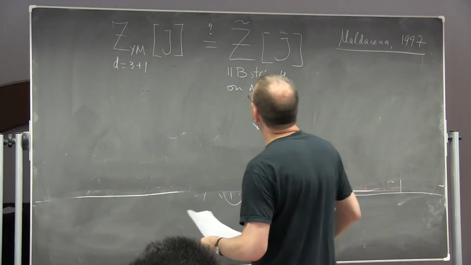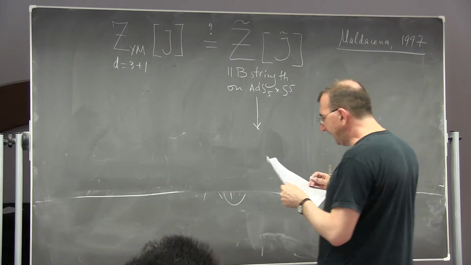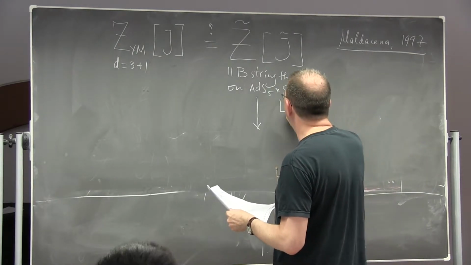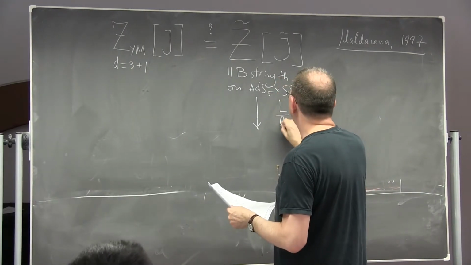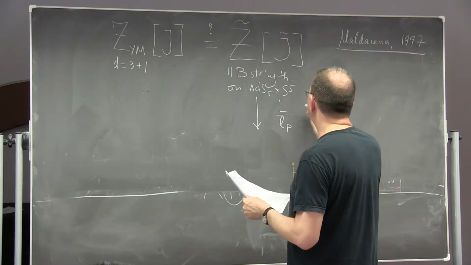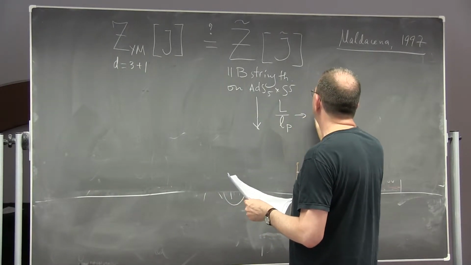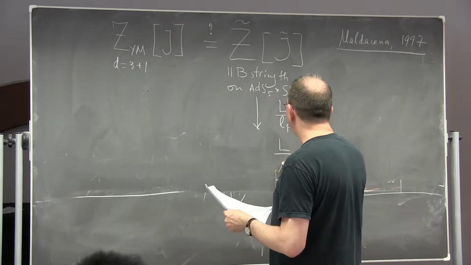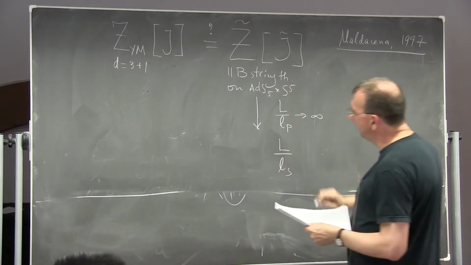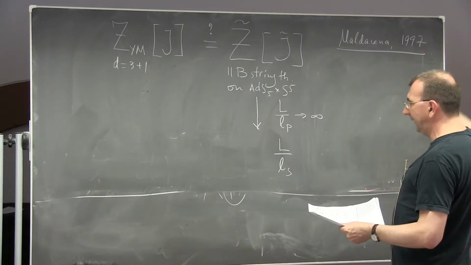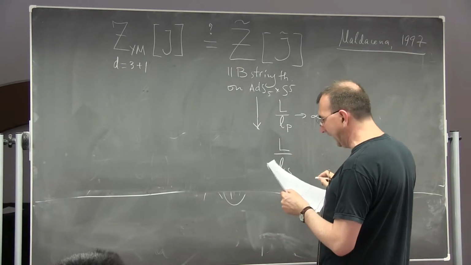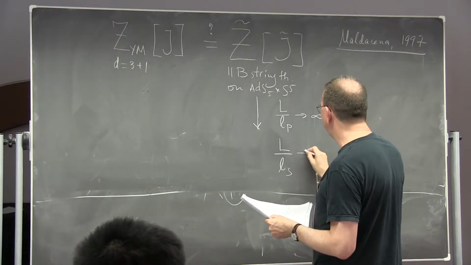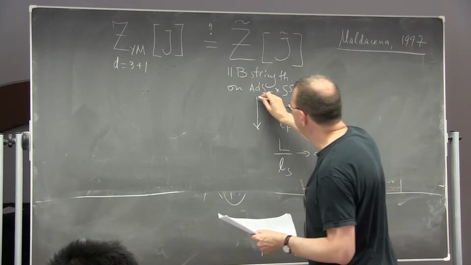Instead of a full string theory, I will describe a limit in which this parameter capital L with respect to Planck length will be very large. So let me say going to infinity, for example. And then the other parameter, the same L on the string side, relative to string length, its dimensionless parameter, is also going to infinity.